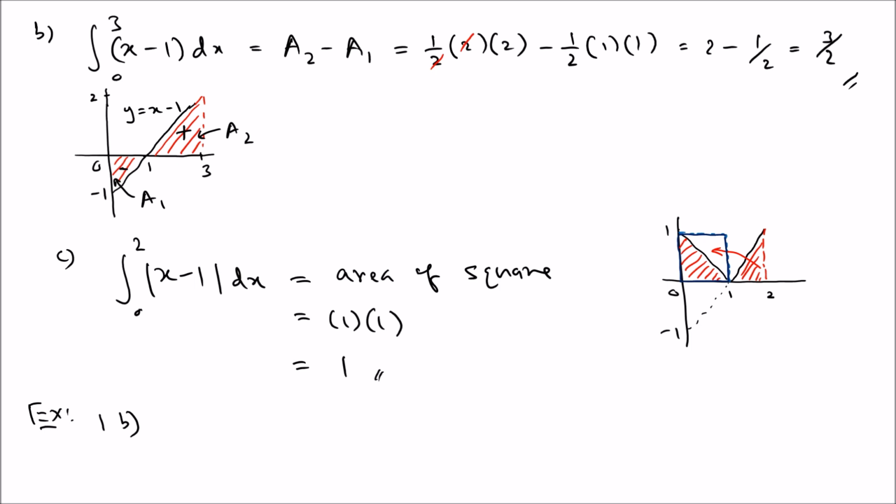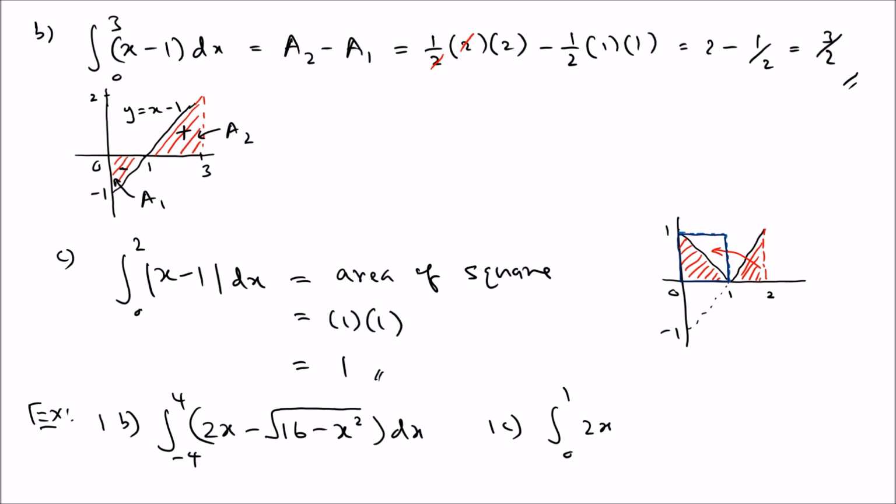So you can try the integral from negative 4 to 4 of the square root of 16 minus x squared dx. That's 1b. And 1c, the integral from 0 to 1 of the absolute value of x minus 1 dx. Okay, let's try these two. You can find the answer in the description.